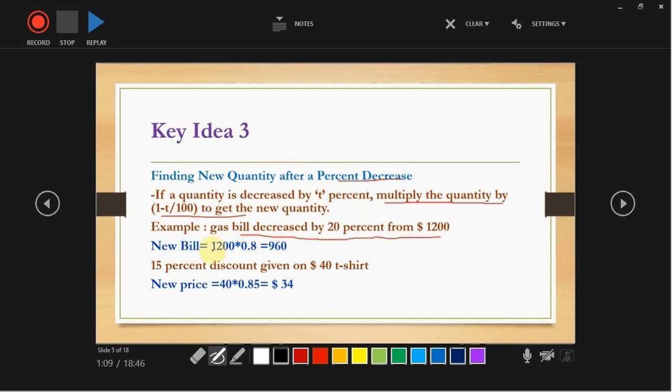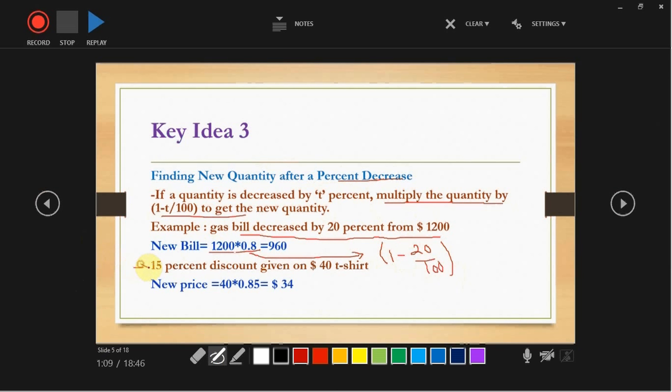The new bill will be 1200 into 0.8. This 0.8 has come from 1 minus 20 divided by 100. If the reduction is 30%, 0.7 will appear here. If the reduction is 60%, 0.4 will appear here.